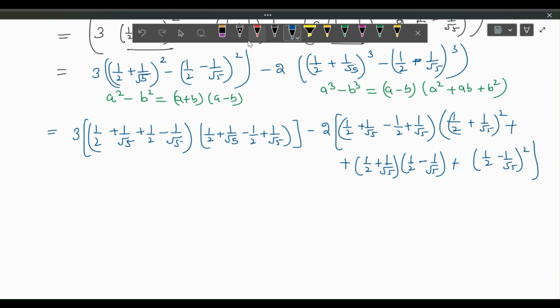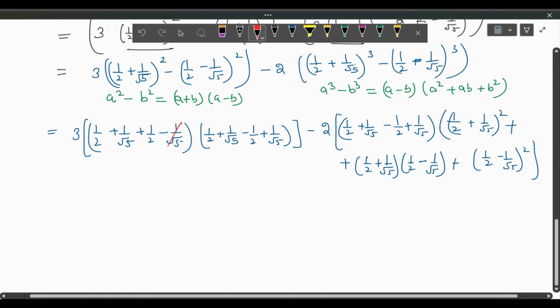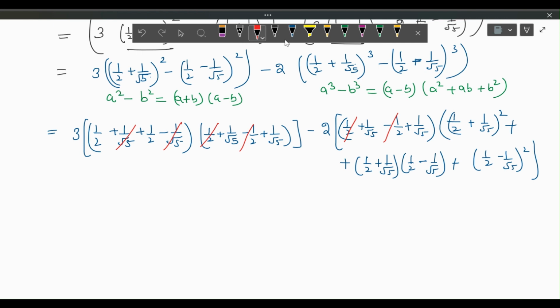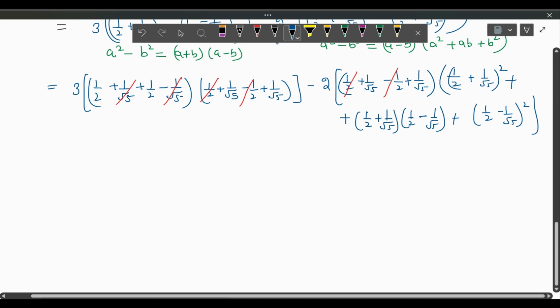Now simplify this expression. These two terms get cancelled. These two terms get cancelled.